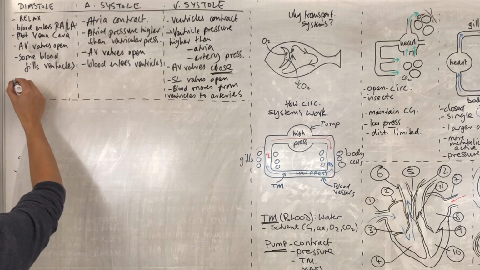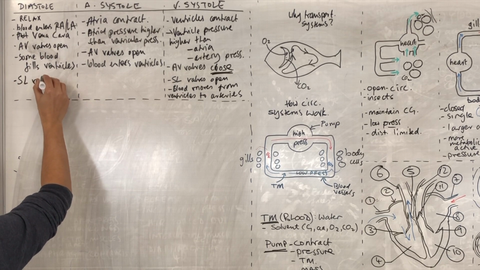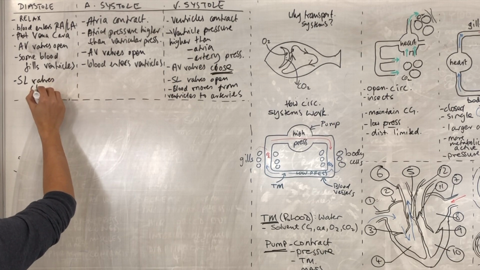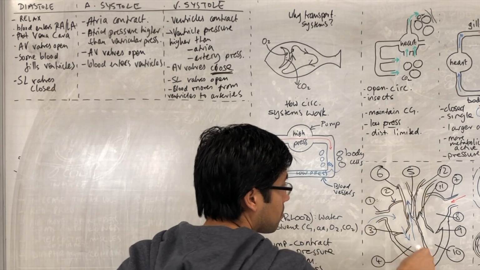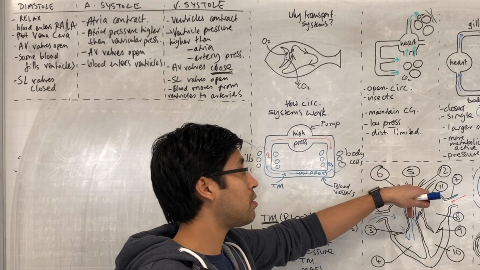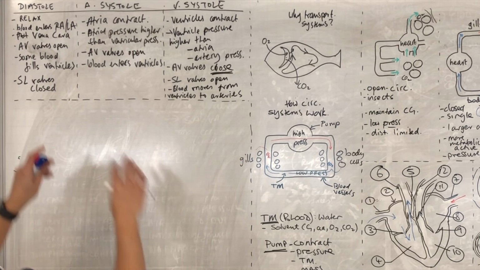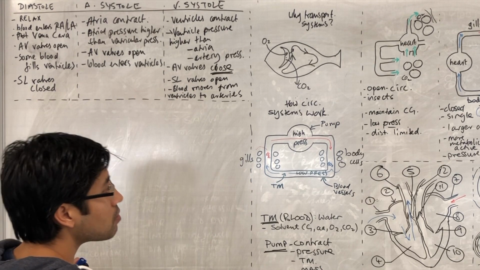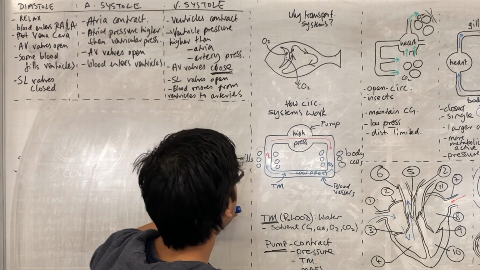So during diastole, the semilunar valves are closed, which prevents the blood from the arteries back flowing into the ventricles, even though the heart pressure is lower than those blood vessels.